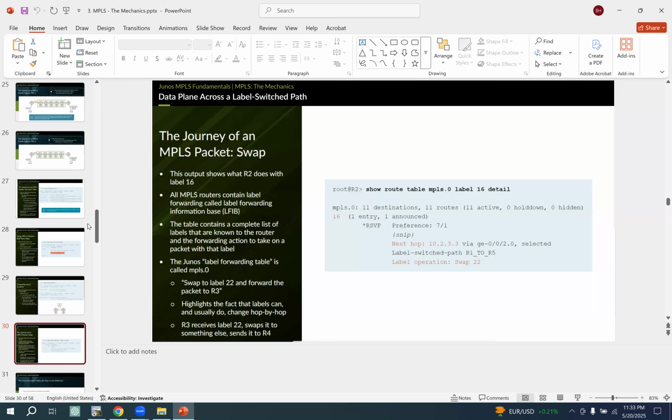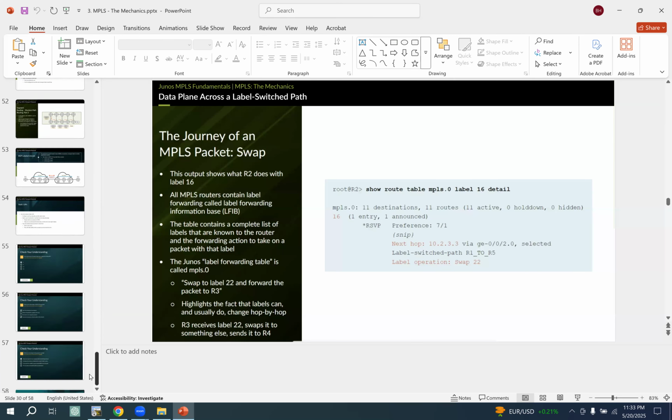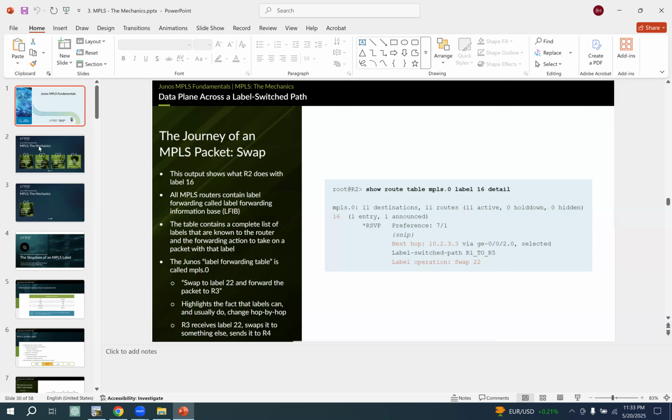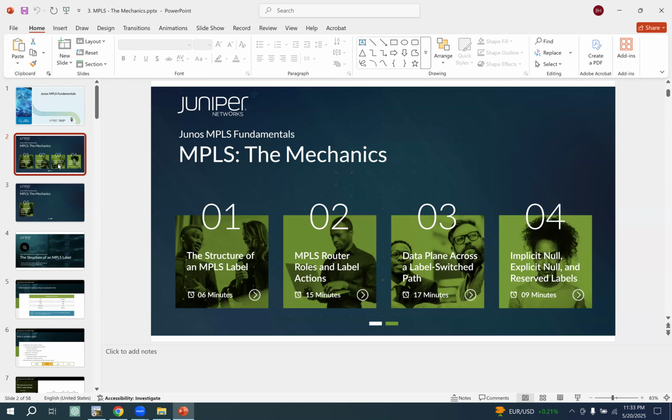So this is basically our today's session. There's no configuration. This is just a concept of how a label travels from egress router to ingress router to egress router, what is the role of the provider router, the provider edge router, and the customer edge router.